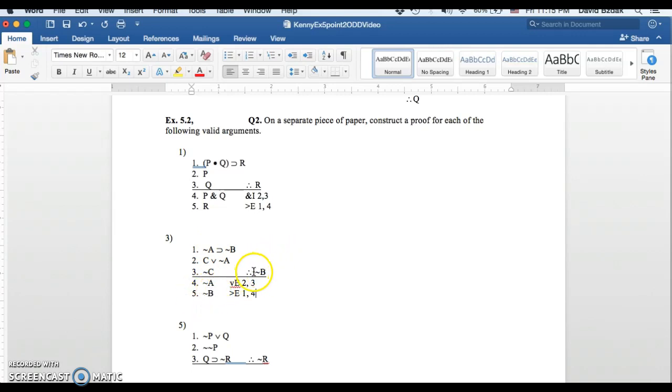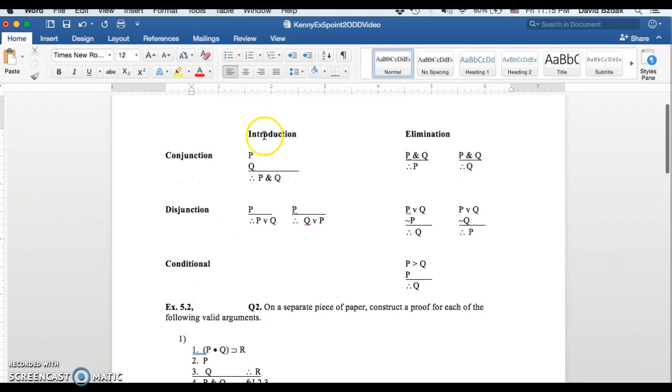We're done, because this tells us we need to get to not B, and we got to not B. So remember, what this proof shows, or derivation shows, is that the original argument is a valid argument, right? Because if these premises are true, the conclusion does indeed follow from them, right? Now, the way this works is, if you think about each of these rules is in itself a valid argument, right?